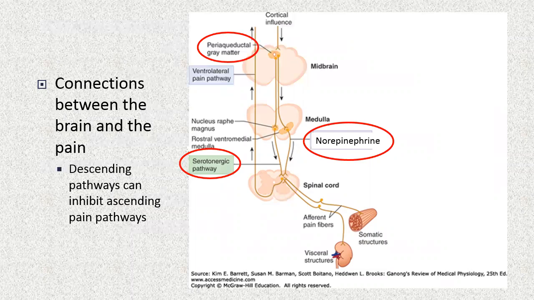They can be considered the inhibitory pathways that suppress the detection of pain. And these are involved in certain types of medications that are involved in analgesia.